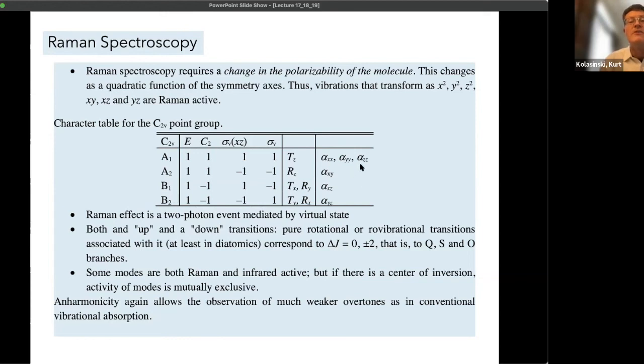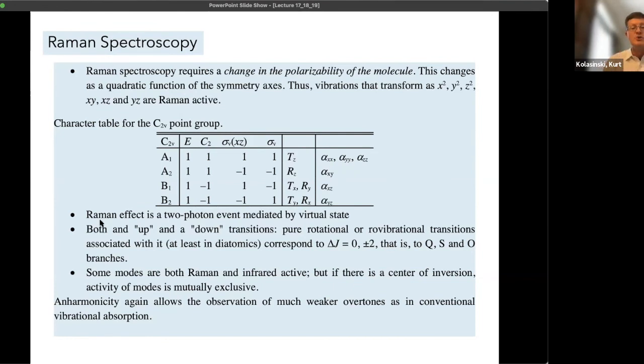In order for a vibrational mode to be Raman active, it has to transform as one of these. So if you know the symmetry of the vibration, you can tell whether it's going to be Raman active, and along which axis, by looking at the point group table.